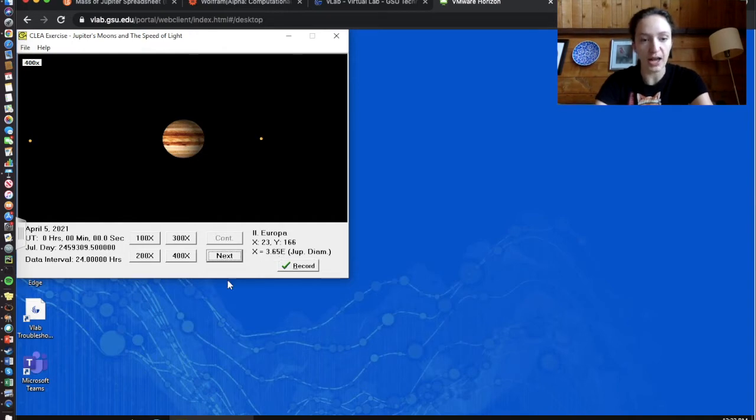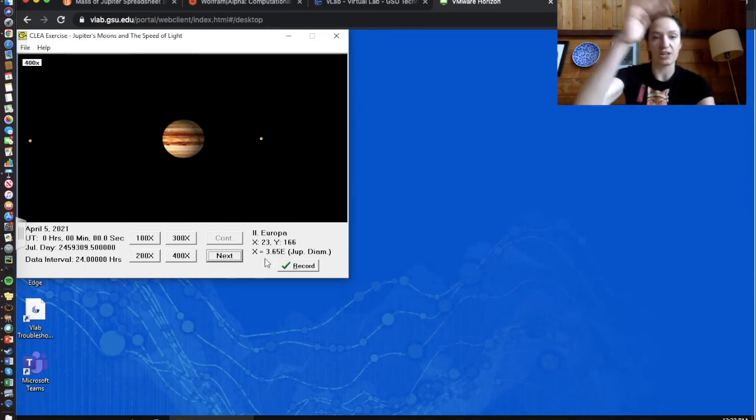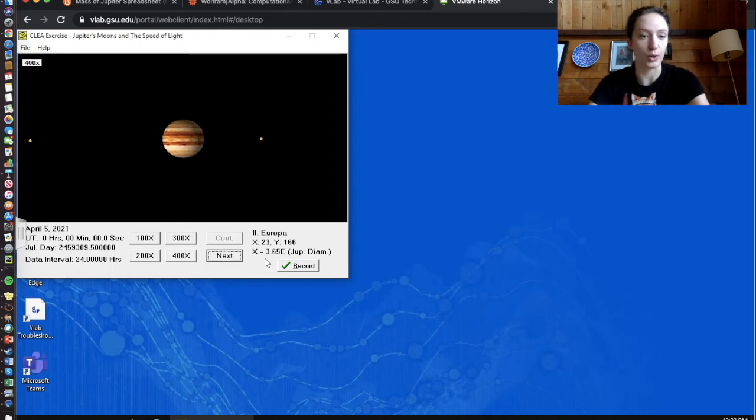So for Europa, I would say my time is 24 hours, so that's a couple steps in if we were going at 2-hour intervals. And I would say it is 3.65, and then east and west correspond to a negative or a positive. That's how we get the negative or positive. It just means that it's to the east or the west of Jupiter.